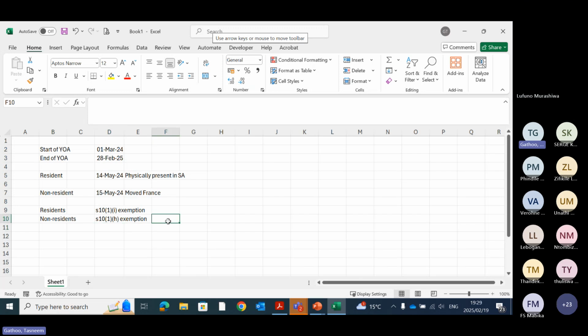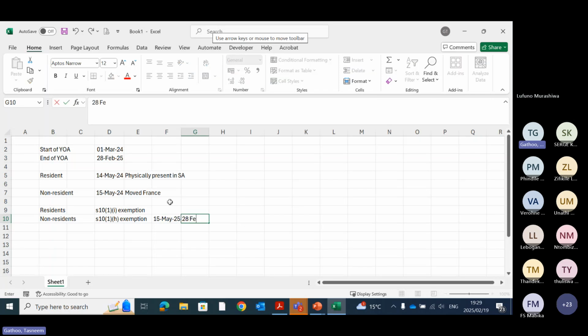So when is the portion she's non-resident? It's from the 15th of May 2024 to the 28th of February 2025, for purposes of this year of assessment. So for the 2025 year of assessment, this is when she's non-resident.